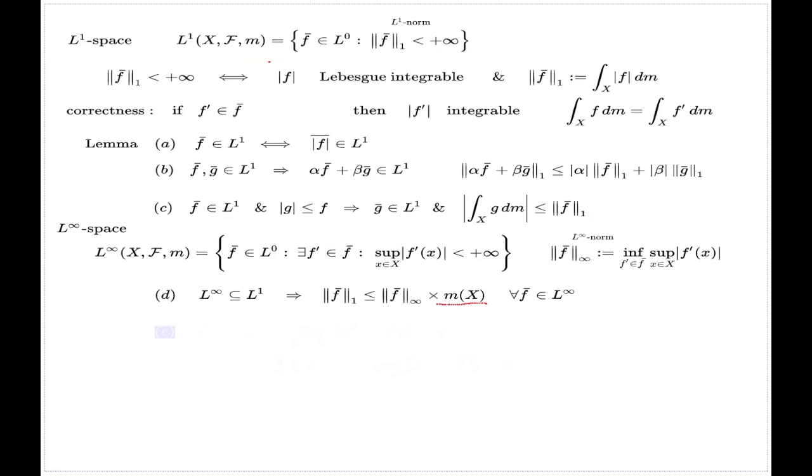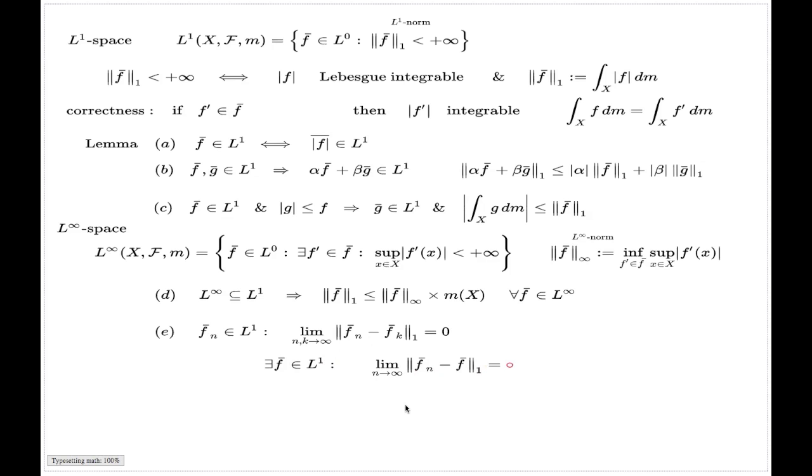And finally, part E, for those who know a little bit about Banach spaces, is nothing else but the property of completeness. It says this: if I have a sequence of classes in L1 such that this limit is 0 when indices n and k go to infinity independently, which says that the sequence Fn is a Cauchy sequence, then there is a limit point in my L1 space.